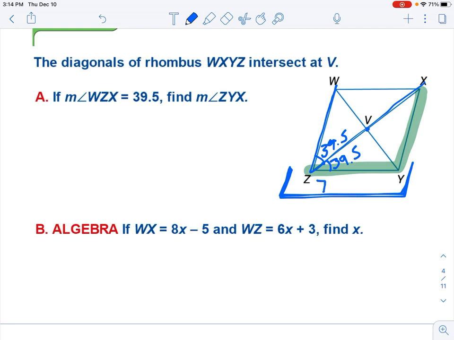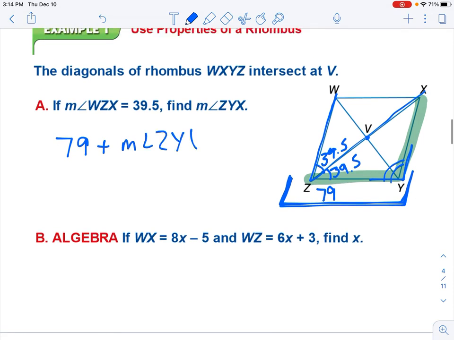So we take 39.5 and add it to itself, and we get 79. Then if we want to find this missing angle here, we know that consecutive angles add and equal 180. So we solve and we get that the measure of angle ZYX is equal to 101 degrees.